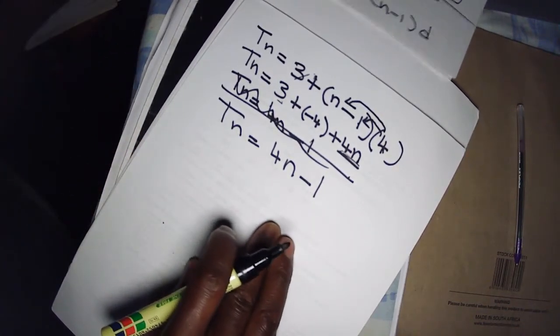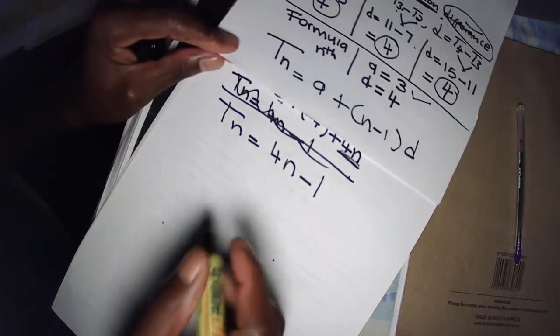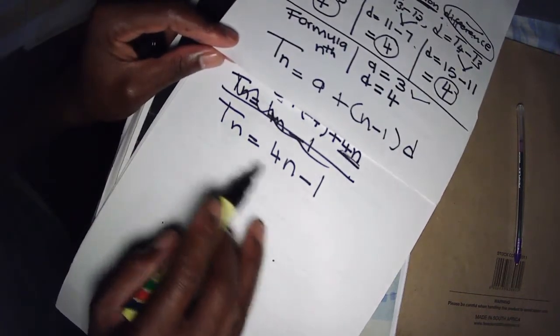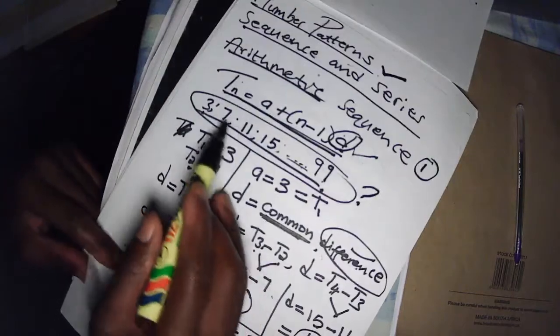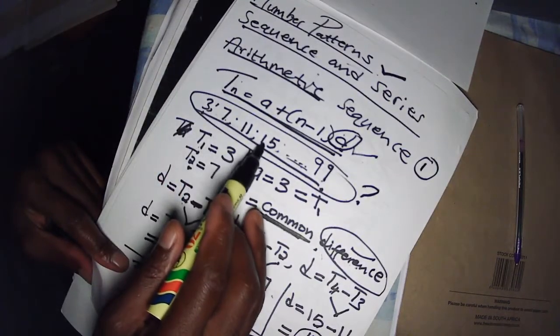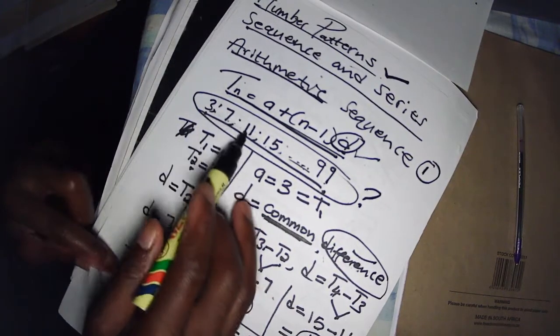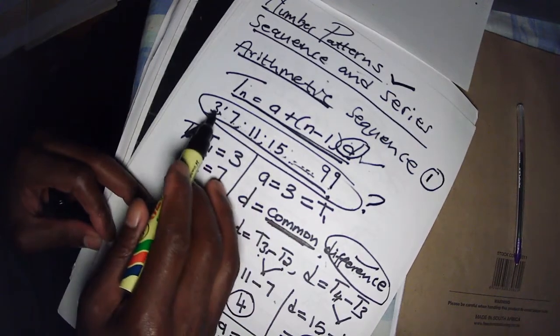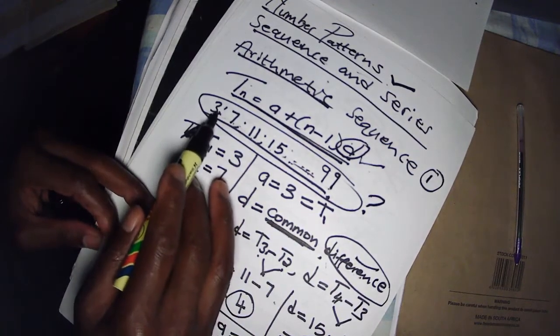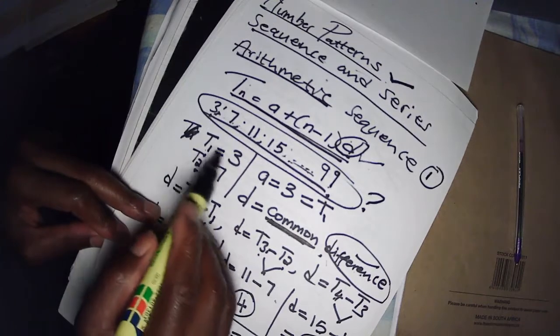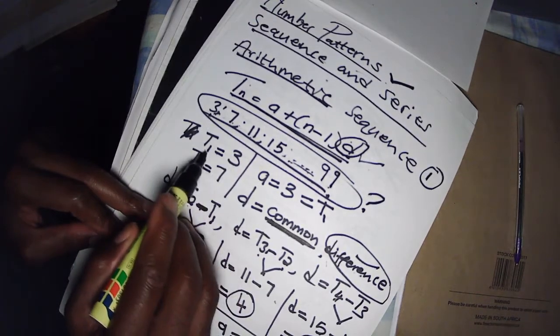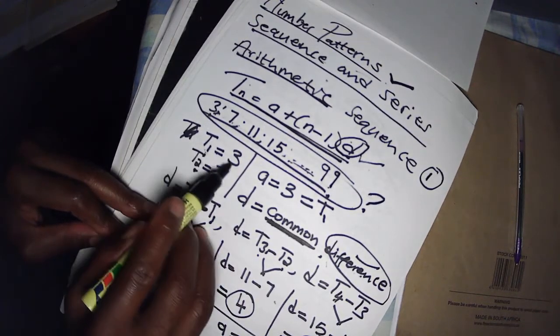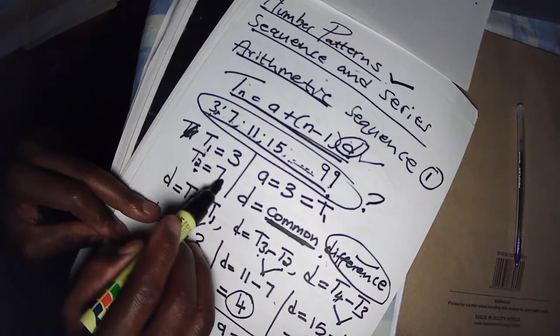So we can use this formula, all right? We can use this formula to prove each and every term given on this sequence. Okay, let's just prove that the first term is 3. How do we get the first term? We sub 1. You see, t1 is 3, t2 is 7.